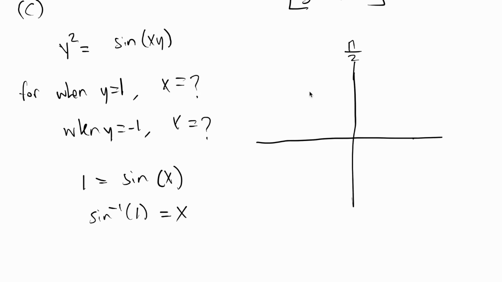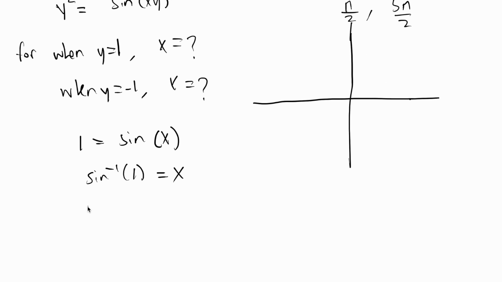So we need the next rotation afterwards as well. So pi over 2, but also 5 pi over 2 can also work. 2 pi plus pi over 2 would give us 5 pi over 2, which falls within our interval. So x can be, in this case, 5 pi over 2 or pi over 2.